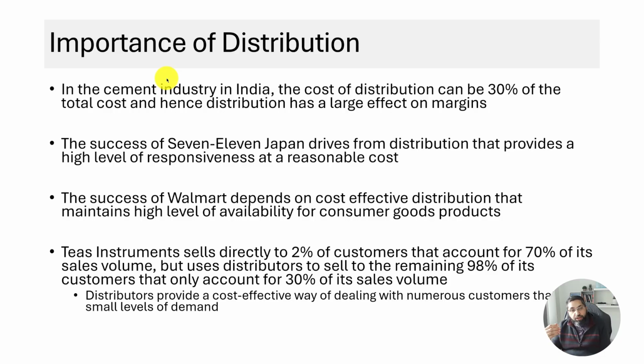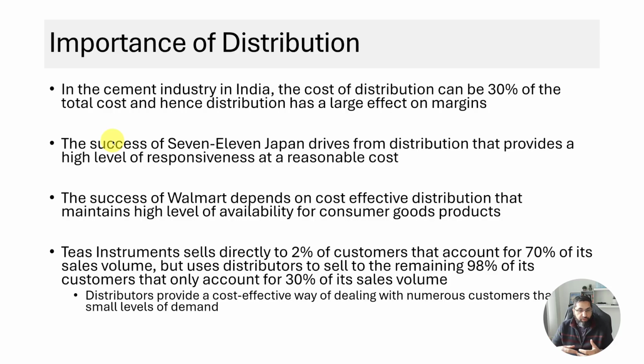On the other hand, it's not just a cost. Distribution can be the reason for your success as a business. The success of 7-Eleven in Japan derives from distribution that provides a high level of responsiveness at a reasonable cost. 7-Eleven stores are these small stores that you can find in very convenient places all over the city in Japan. They carry popular items that are available, and they get very frequent deliveries.